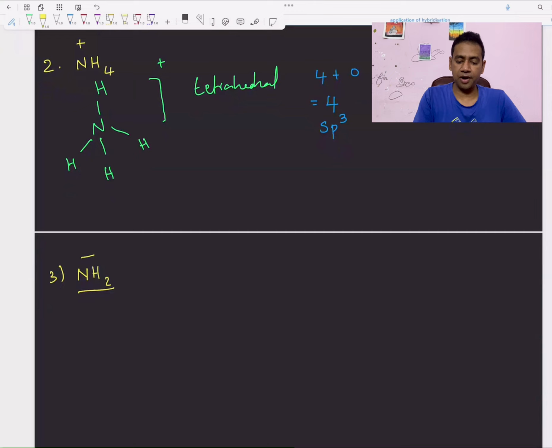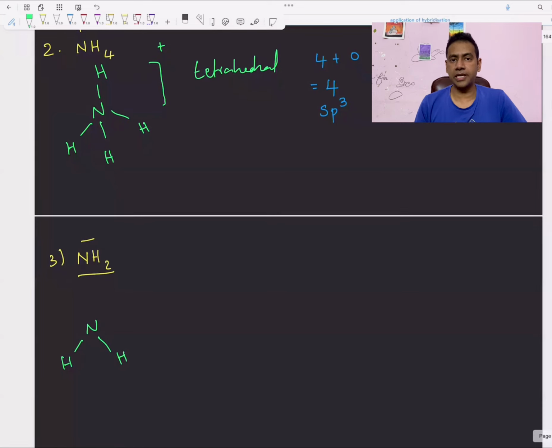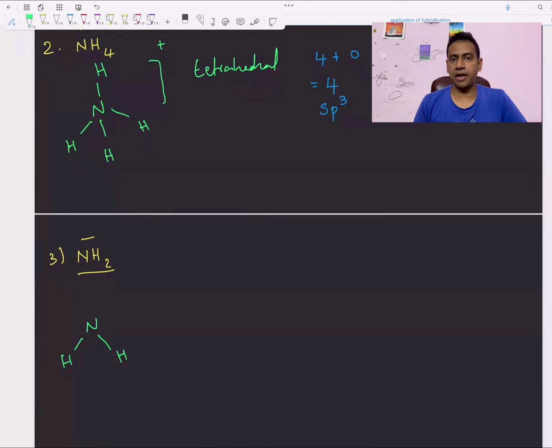As we know that hydrogen forms only a single covalent bond, therefore N, H and H. The nitrogen atom in this case uses its 2 unpaired electrons, total 6 valency electrons being negative. Therefore we have to make 2 lone pairs. Now count the number of sigma bonds, 2, and the number of lone pairs, 2. 2 plus 2 is 4.